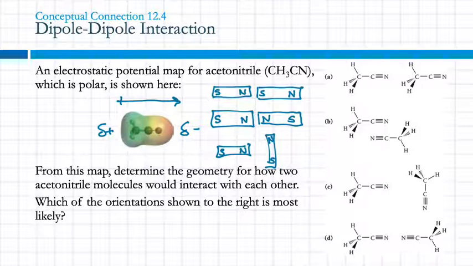So one way you can do this is to draw the arrow. So here, the arrow on the more electronegative end, and so this will be over here. Are those lined up nicely to be attracted to each other? Yeah, they are. So we think that's probably correct, but let's check out the others. So here and here, this is putting the two negative ends close to each other.